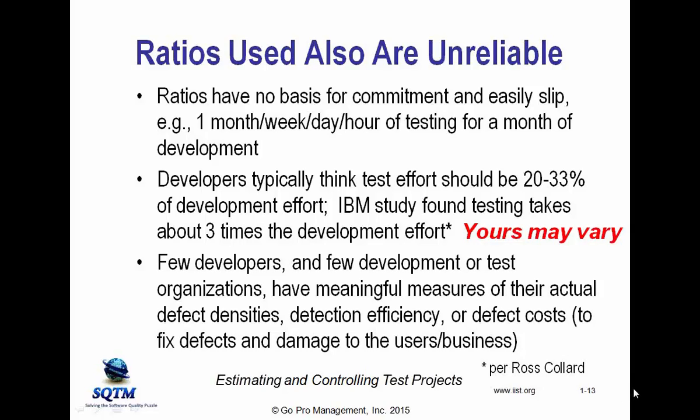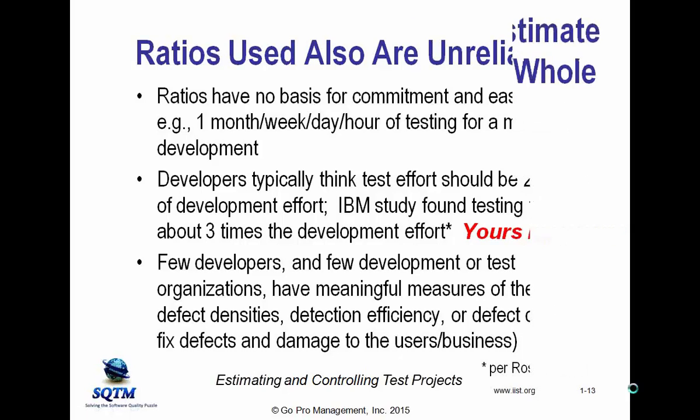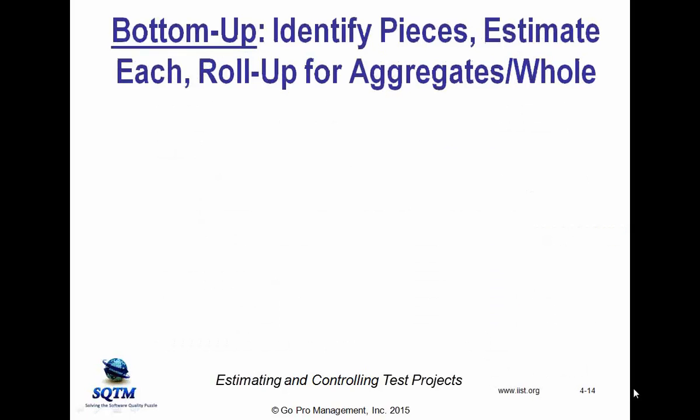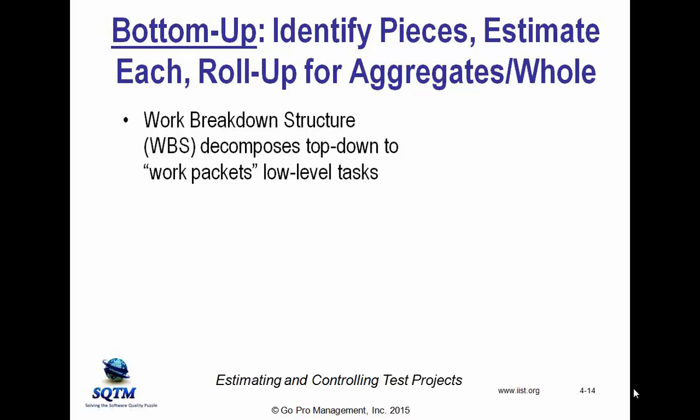Now, the alternative is to estimate bottom up. With top down, you take a single estimate and allocate it among the pieces. With bottom up, you identify the pieces, make an estimate for each one, and then roll that up into various higher level aggregations.